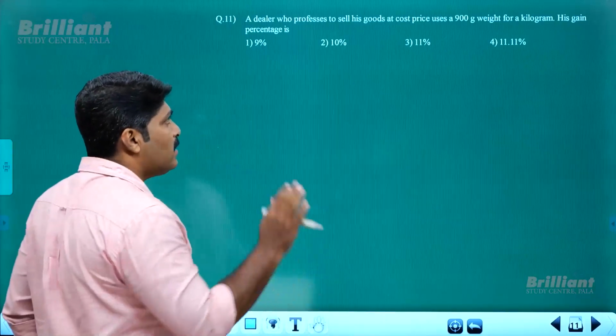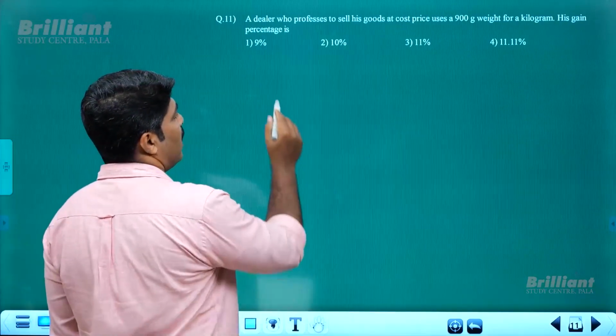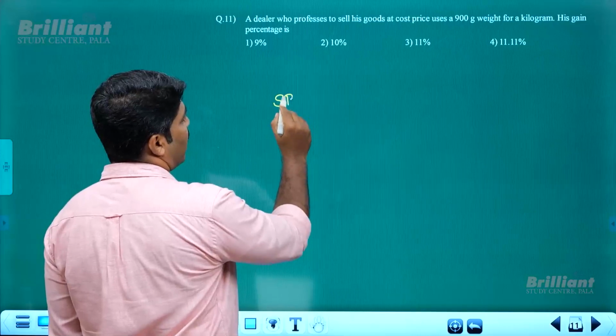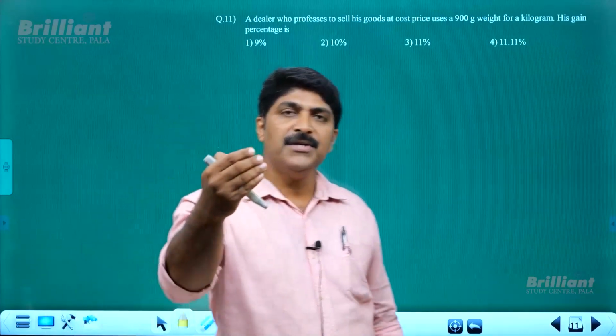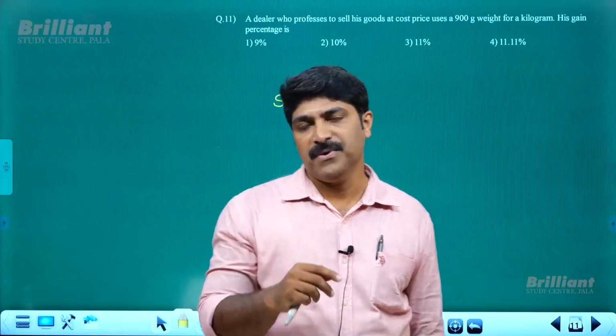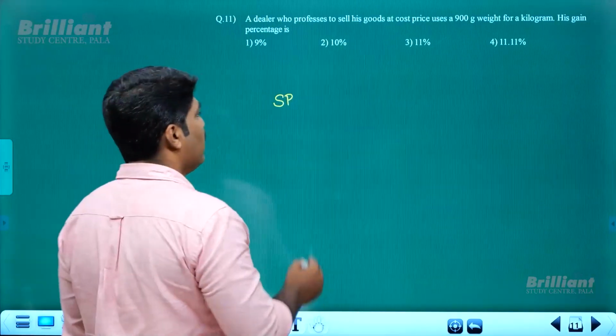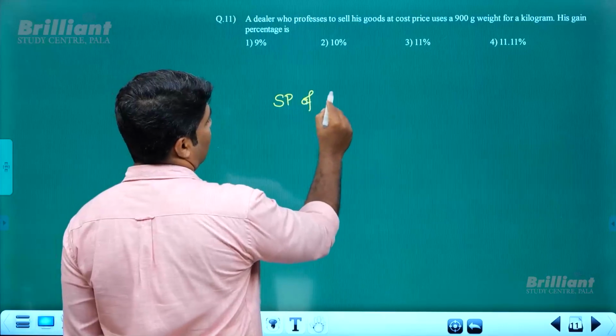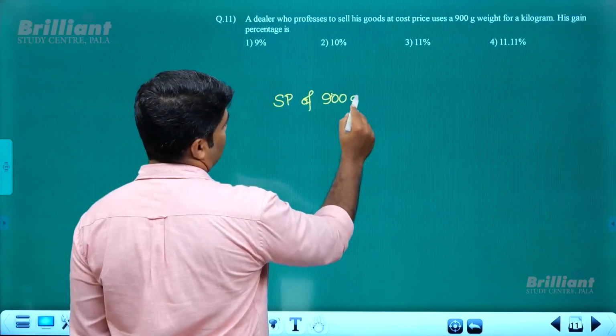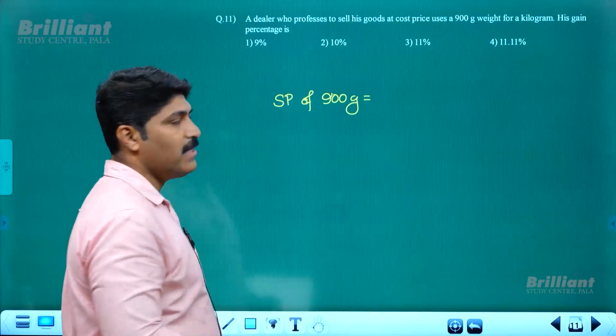That means a simple concept you can develop. While we are considering the transaction of 1 kilogram of rice, what quantity is he actually selling? He is selling only 900 gram.